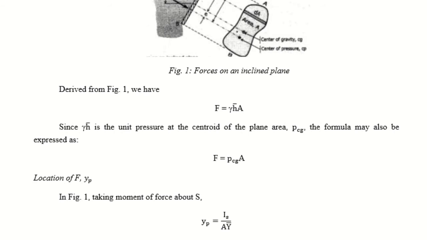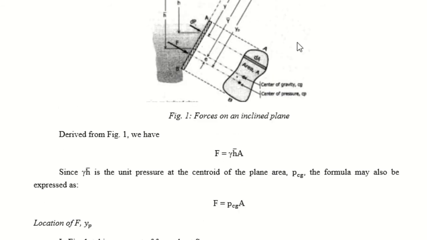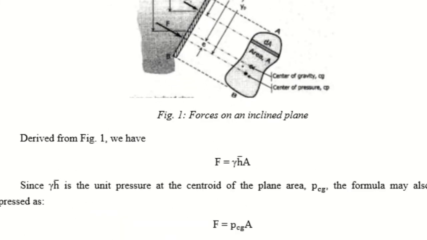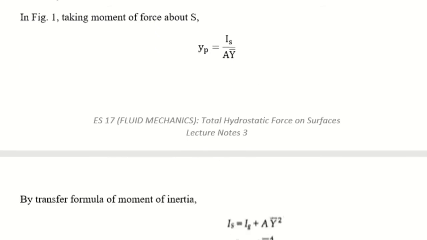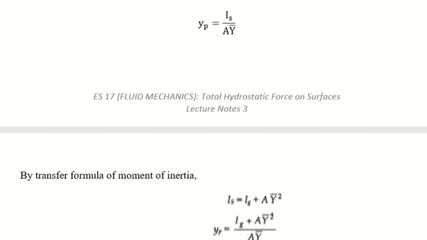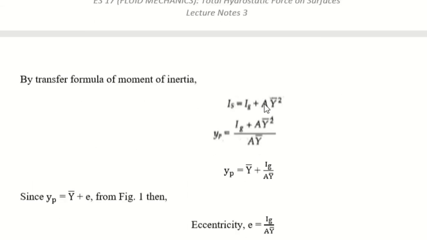So that is how we conceptualize, or that is how we locate F with respect to its area. So in figure 1, taking moment of force about S, ang makukuha nating formula sa YP is IS over AY bar. By the transfer formula of moment of inertia, take note class, I will not be discussing lots of stuff about this because you have already discussed this during your ES 11.